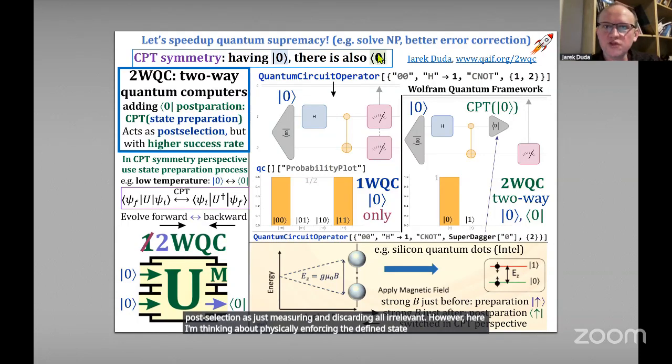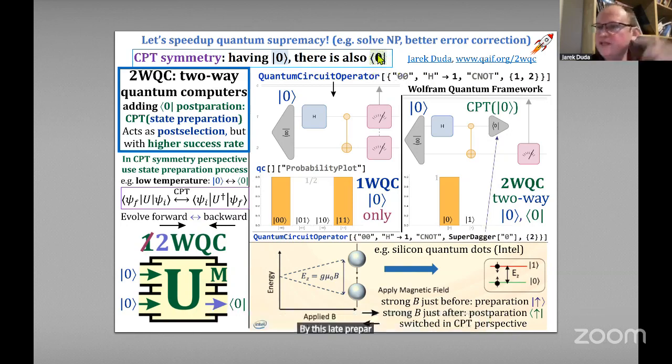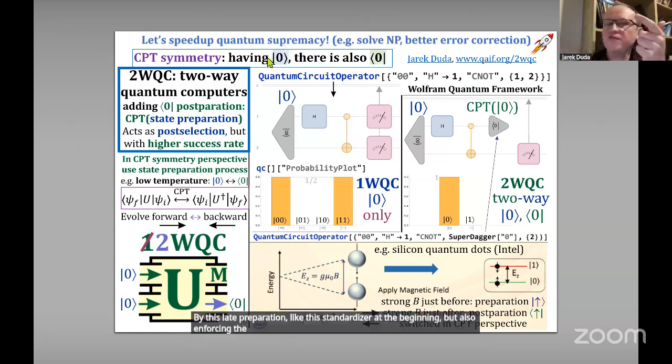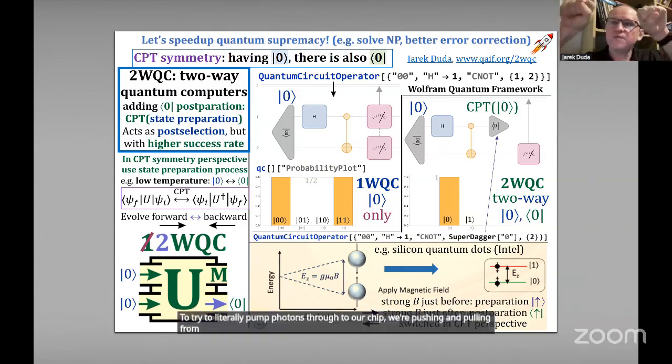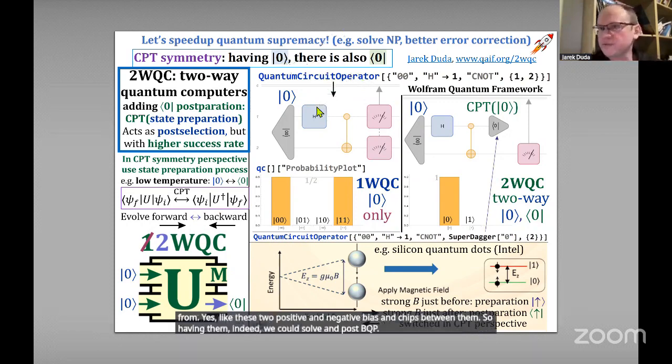Not only enforcing the initial state by the state preparation, like this standard laser at the beginning, but also, symmetrically, enforcing the final state by, let's say, a reverse bias laser at the end. So literally pump photons through our chip, pushing and pulling, with these two positive and negative biases and the chip between them. Having them, indeed, we could solve post-BQP containing NP problems.